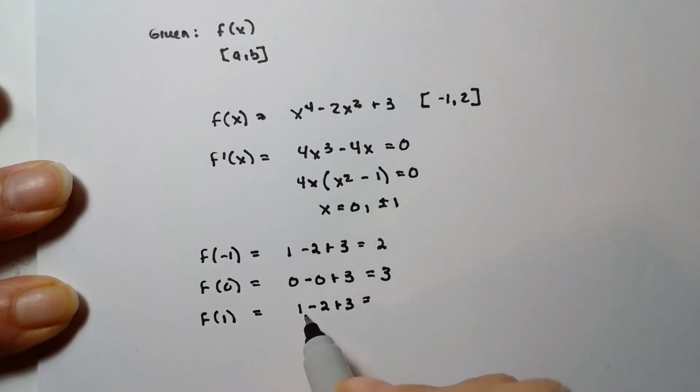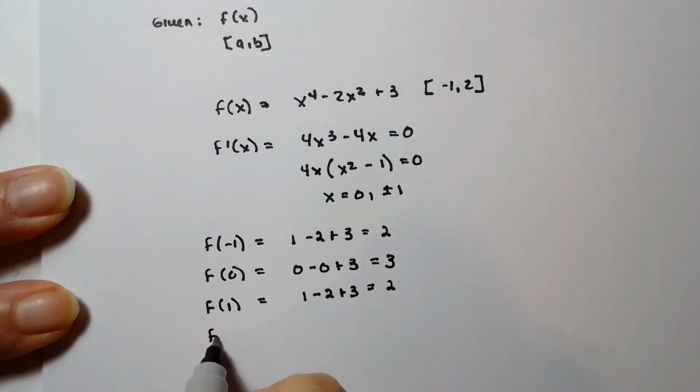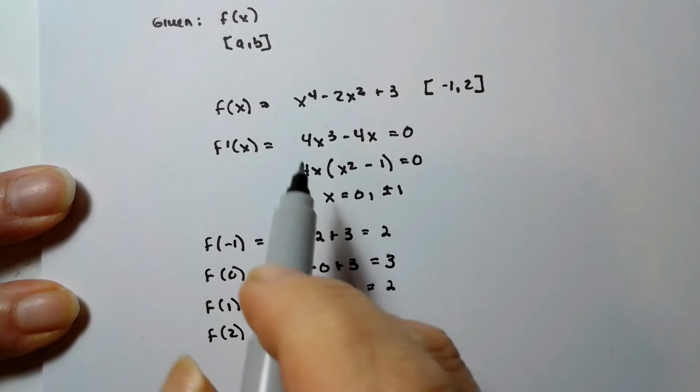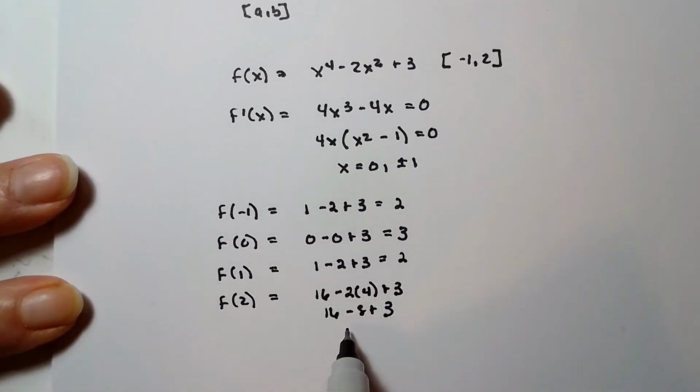Then f of 2: 2 to the 4th is 16, minus 2 times 2 squared, which is 4, plus 3. That's 16 minus 8 plus 3, which is 8 plus 3, or 11.